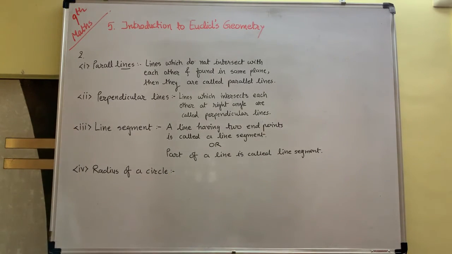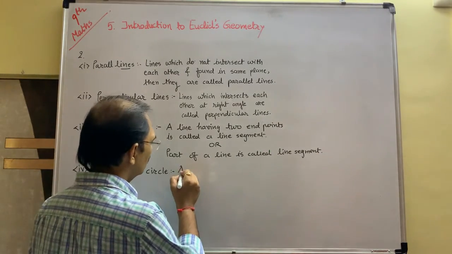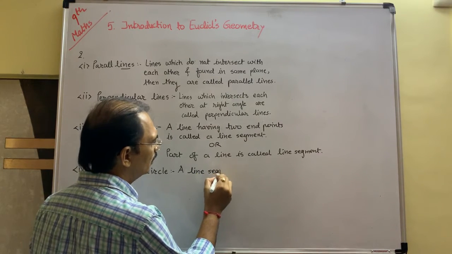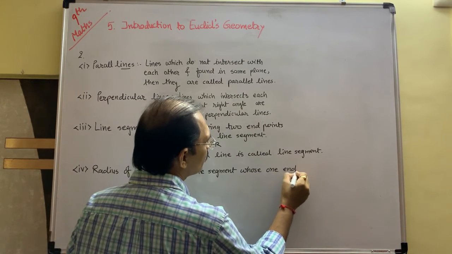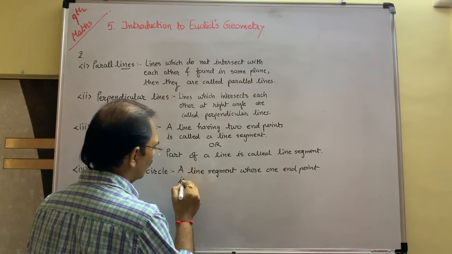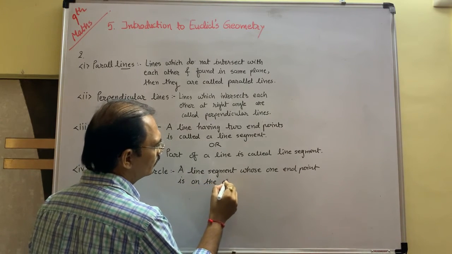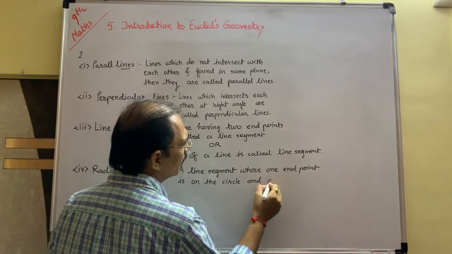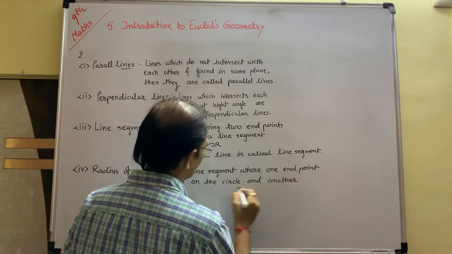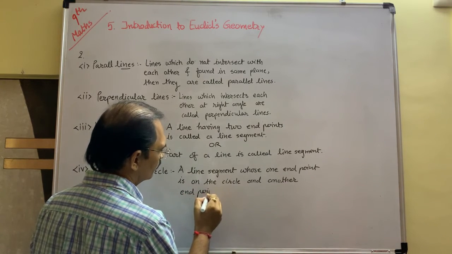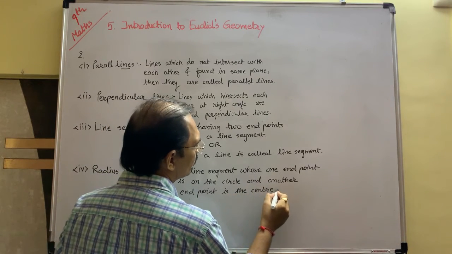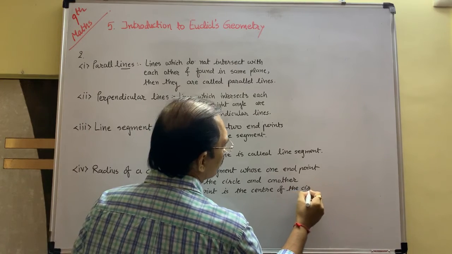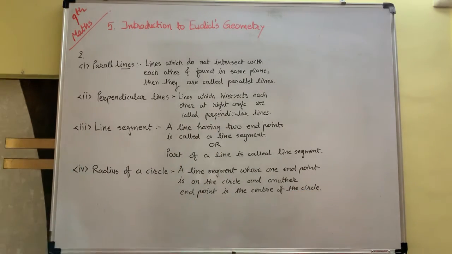The radius of a circle is a line segment whose one end point is on the circle and another end point is the center of the circle. Okay, this is called the radius of a circle.